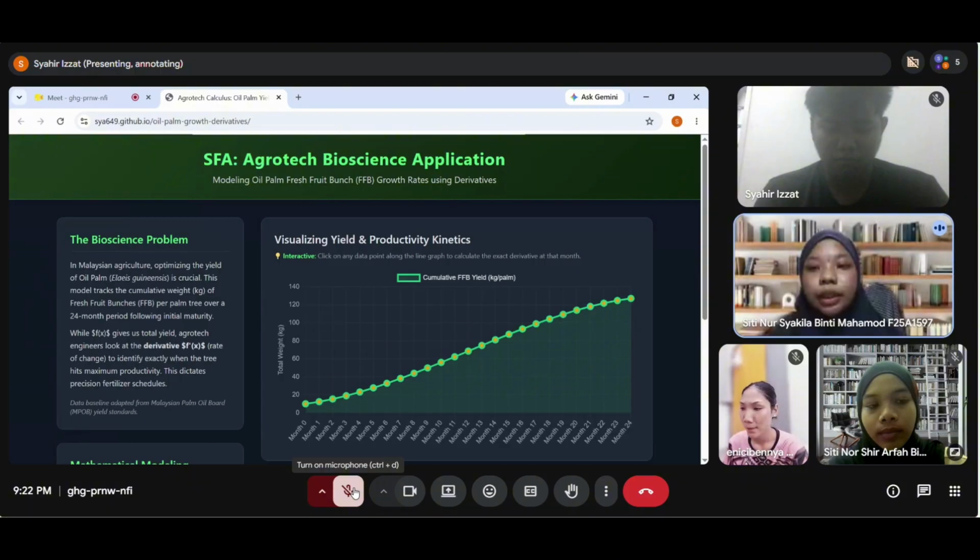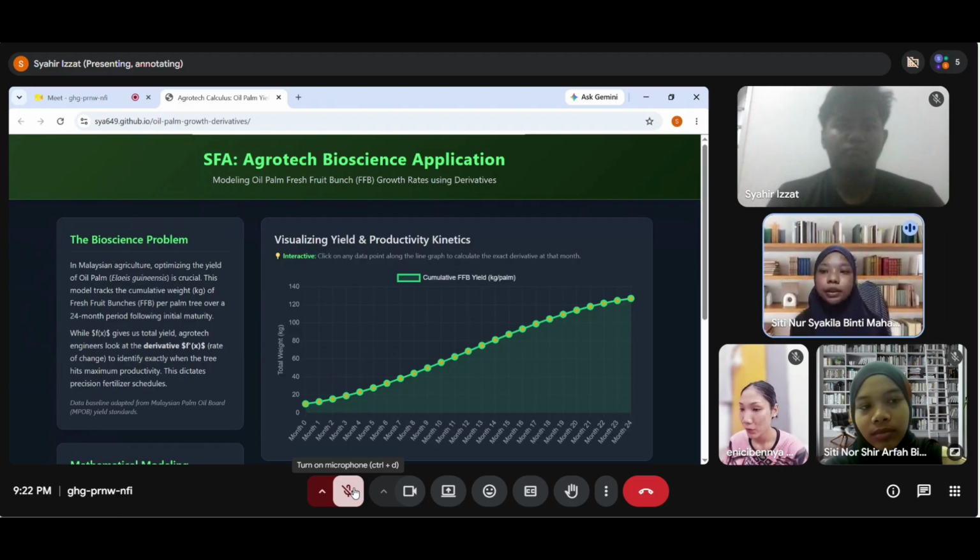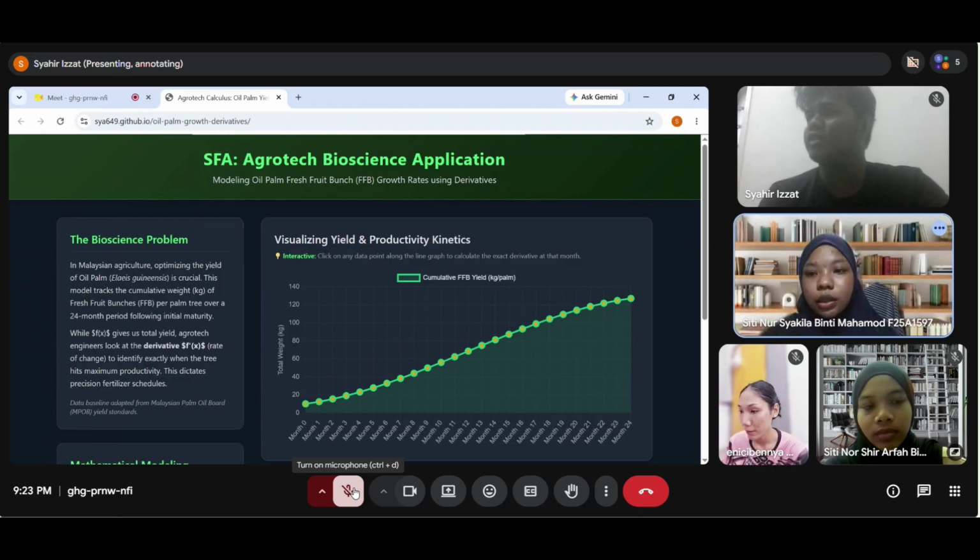Importance of studying this bioscience problem. This study is important for three main reasons. First, economy. Higher accuracy in predicting growth leads to better palm oil yield and higher profit. Second, food security. Palm oil is a major ingredient globally, so stabilizing its supply is crucial.